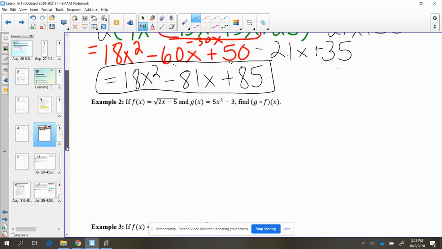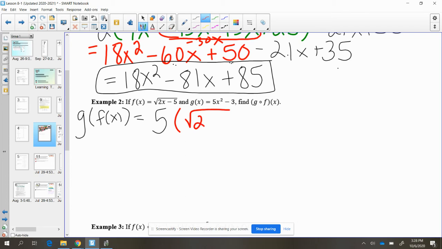All right, now example 2 involves a square root, and this time we want g of f of x. Our outer function is g of x, and we're going to input f of x for all the x values in g. So g, and then we're going to input for x 2x minus 5, and then x was squared in g of x, minus 3.